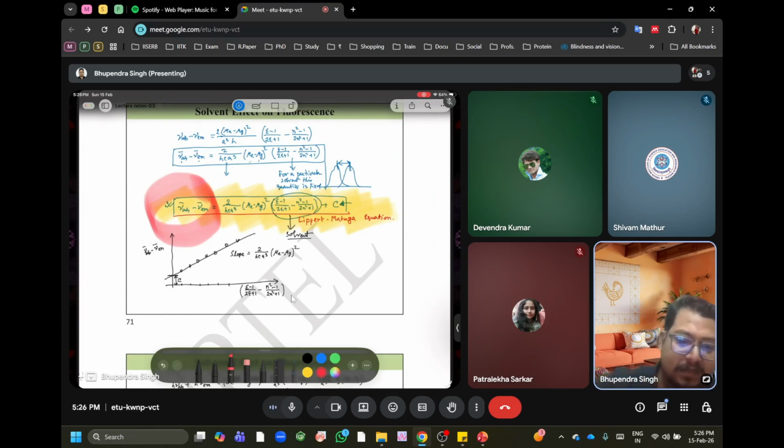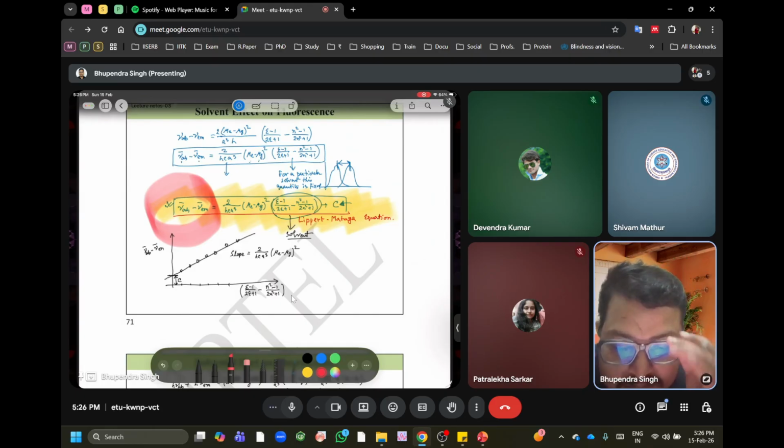So it depends on what factors. See, h is constant, you know. c is constant, you know.